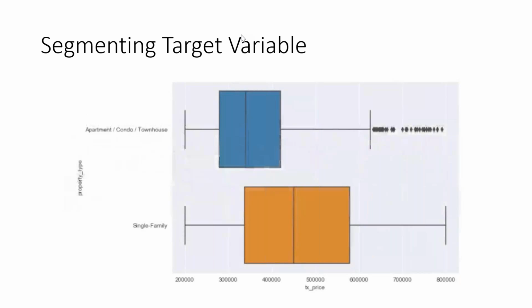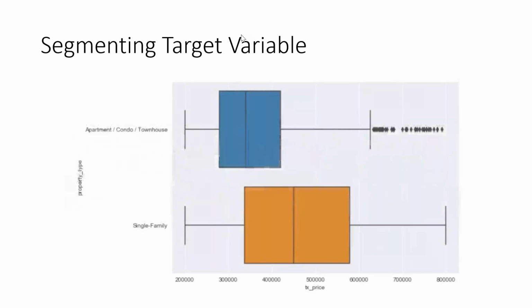But it is more important to understand what this plot really does. Basically it is drawing two box plots, one for each property type, for transaction price.